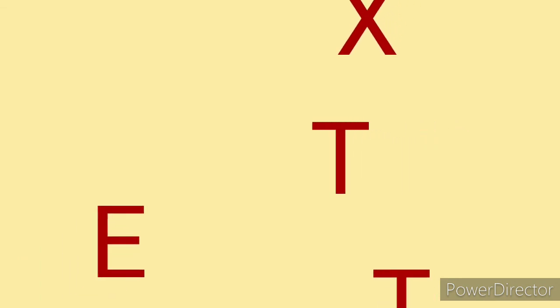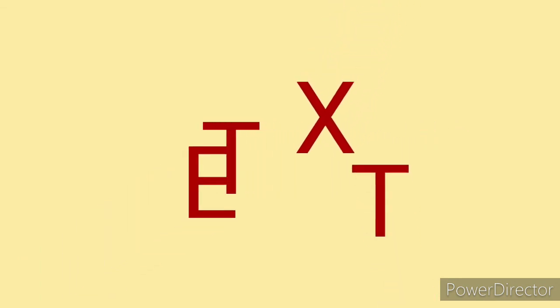Text data type. In this one we can store text. Here text means a combination of text and numbers, children. Text means we know the alphabets. In the text data type, we can store alphabets and numbers.